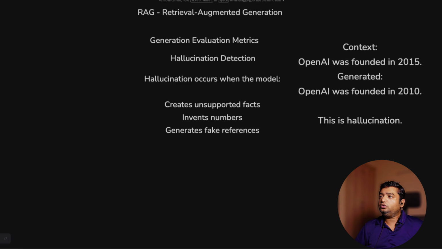Now we'll look into how these all fit into the modern RAG architecture, how it all fits in when you create a RAG pipeline, how you calculate faithfulness, and which tool will help you do that. Either a human can do it, or the LLM itself can do it. We'll look into this part.